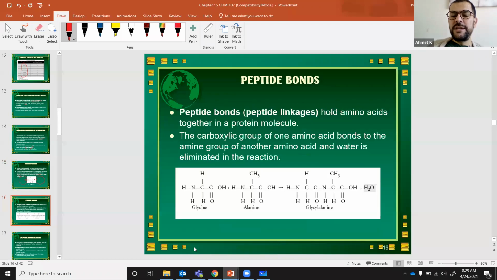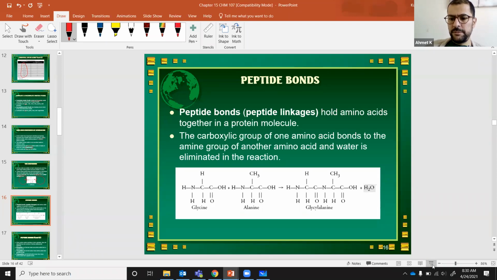Okay, so now we can come to, just like we've seen whenever we learned about the carbohydrates, we said that if you bring the amino acids together, then you're going to get your proteins. So as you can imagine, whenever you have two amino acids, and this is one of the amino acids, I hope you can see it.